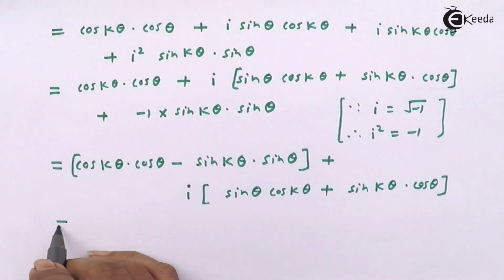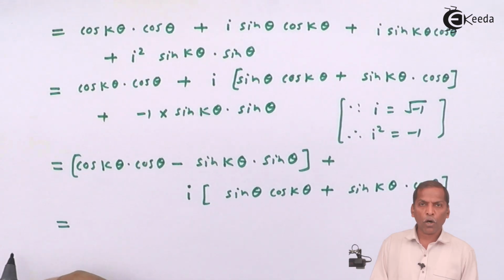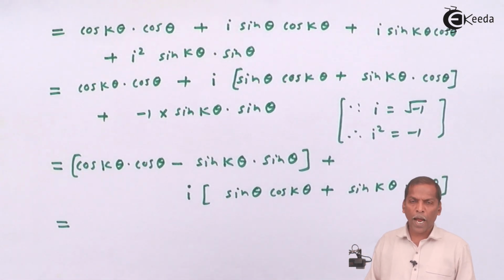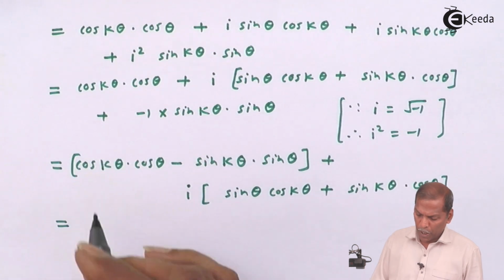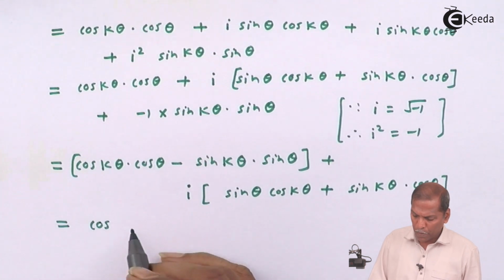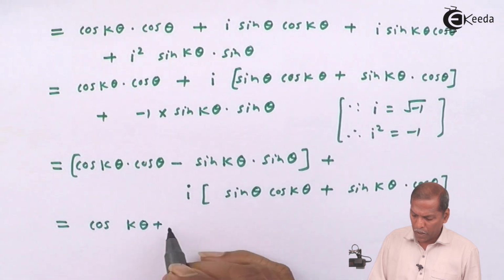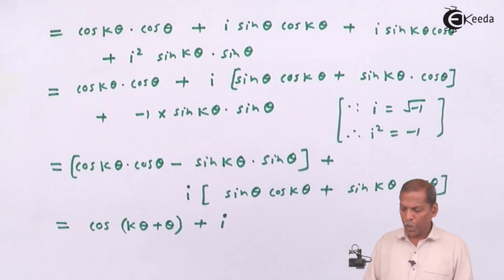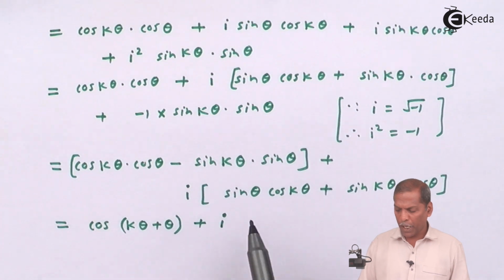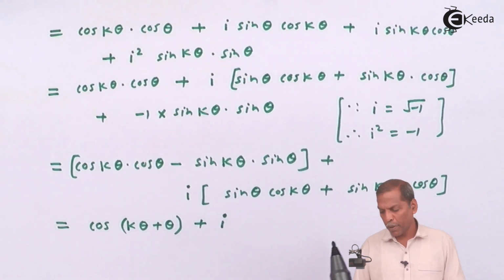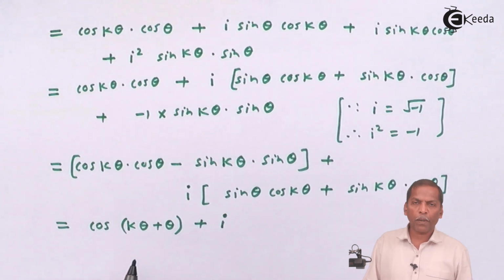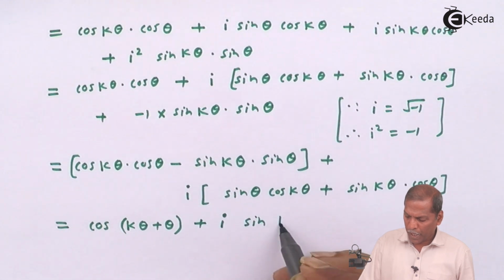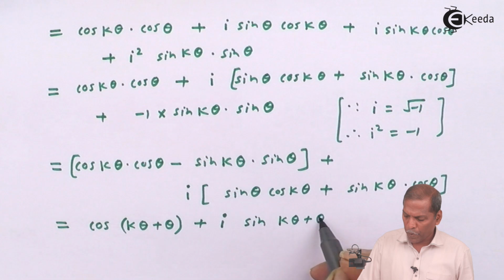By applying the trigonometric formula cos A cos B minus sin A sin B, which gives cos(A plus B), similarly here we get cos(k theta plus theta), then plus i times. For the second bracket we use the formula sin A cos B plus cos A sin B, which can be written as sin(A plus B). In the present case we write sin(k theta plus theta).